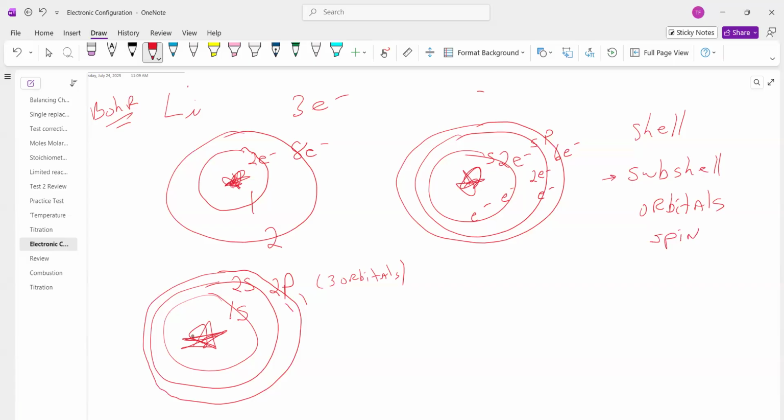When it attracts, the north pole is against the south pole of the other magnet. When it repels is when the north pole is against the other's north pole. So when we start putting electrons in these orbitals, we have to put them in there the most stable way, which is north to south. And that's the spin they're talking about.